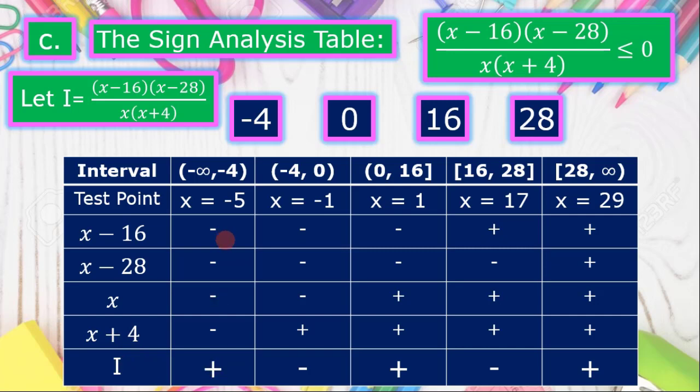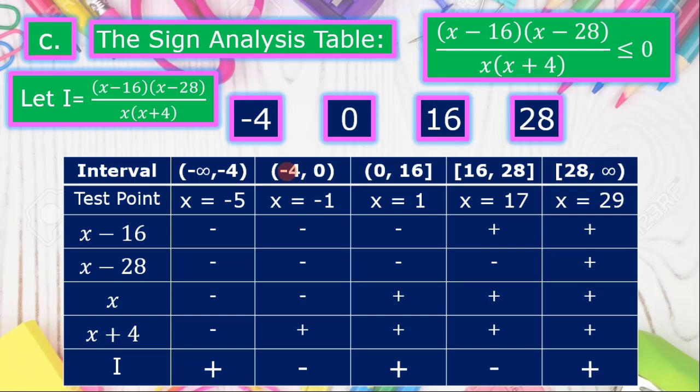Because negative times negative will become positive, all over negative, that's negative, but negative times negative, positive. Or we can count the number of negatives. There are 4. If the number of negatives is even, then we have a positive sign, because the rule of negative and positive numbers in multiplying and dividing are just the same.